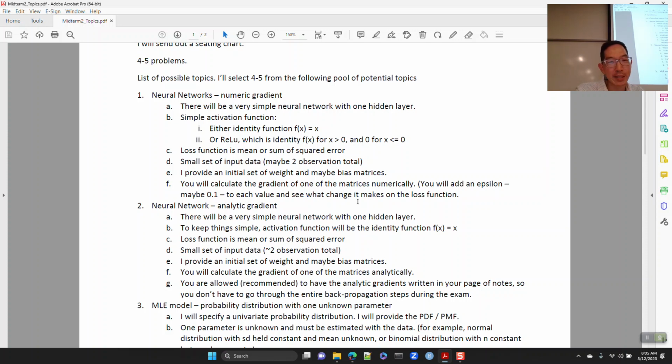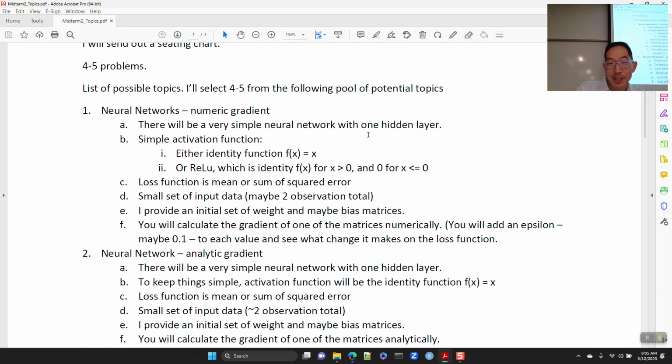Okay, so anyway, one is calculating a numeric gradient manually. I'll have a really simple neural network set up, and the activation function I'll keep simple.